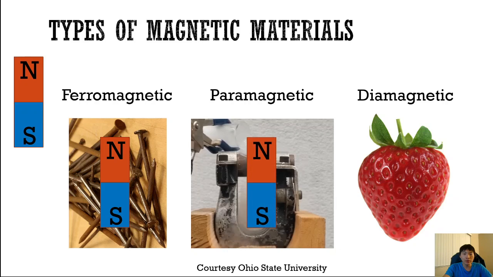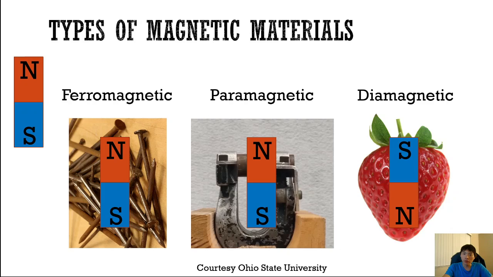And the same thing happens to our paramagnetic material, such as liquid oxygen. If you put it between the two poles of the magnet, the liquid oxygen becomes slightly magnetized, and it has an induced magnetic field that points in the same direction as our external magnetic field. Diamagnetic materials are the opposite. They point in the opposite direction to our external magnetic field.